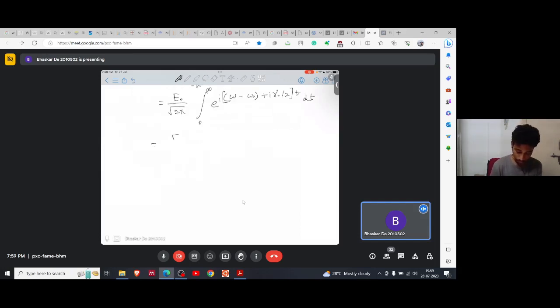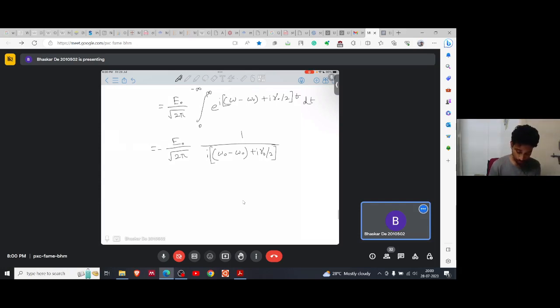So this will give E naught by root 2 pi times minus 1 by i (omega minus omega naught) plus i gamma naught by 2. This is the Fourier transform.